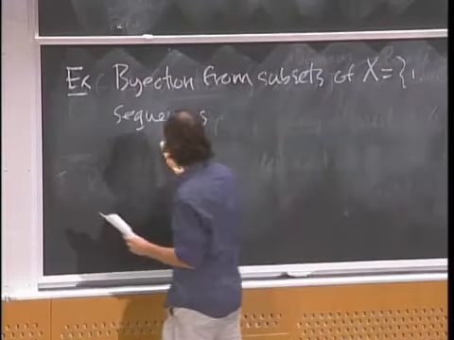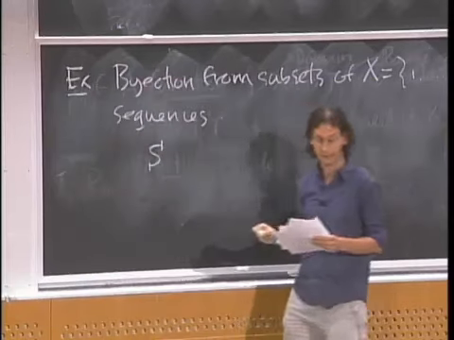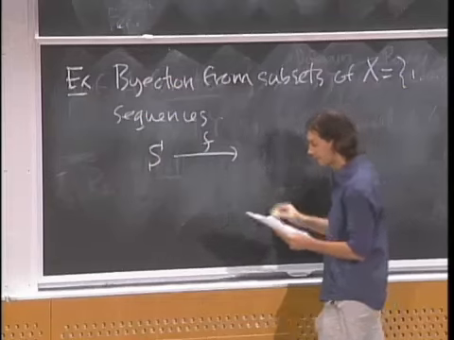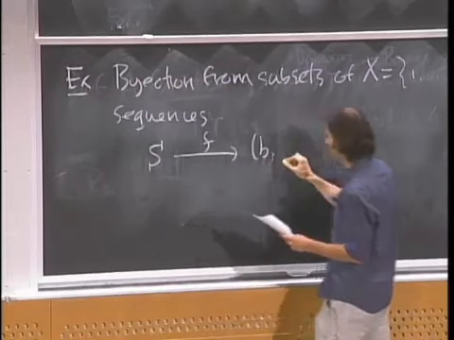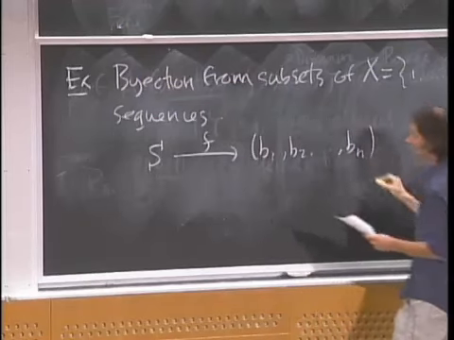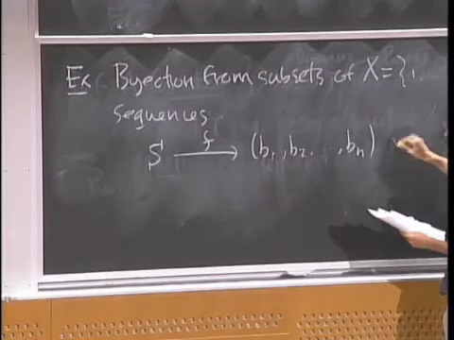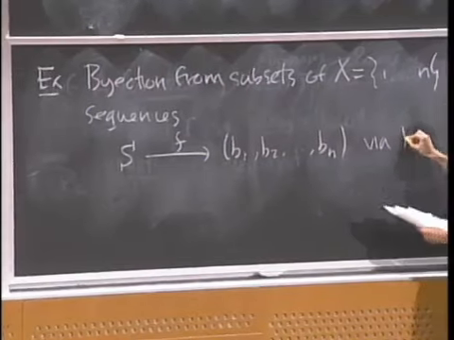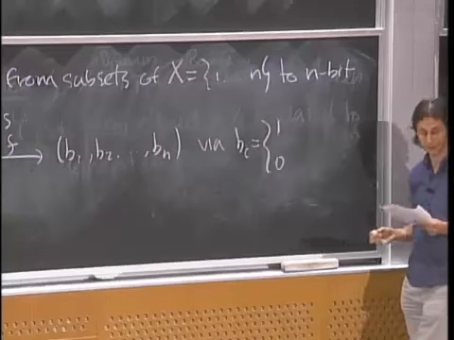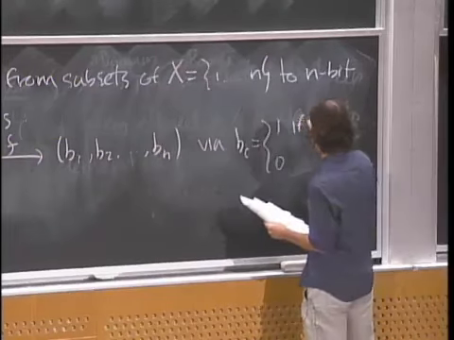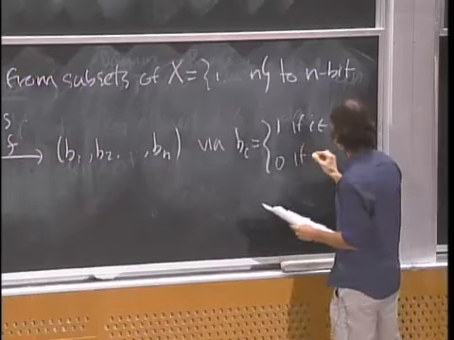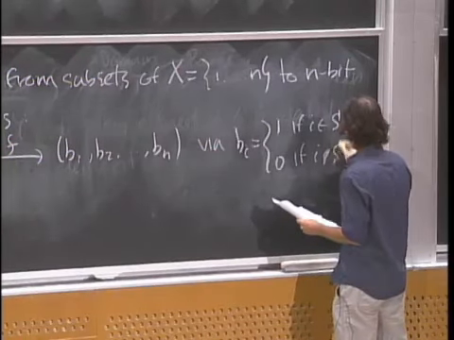We map a subset S under a mapping F to a bit sequence B1, B2, all the way to Bn via the following relation. Bi is computed as either a 1 or a 0. It's computed as a 1 if i is in S, and it's a 0 if i is not in S.